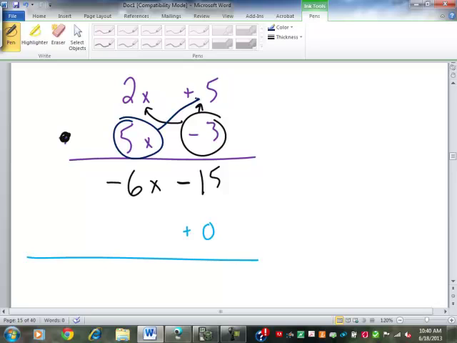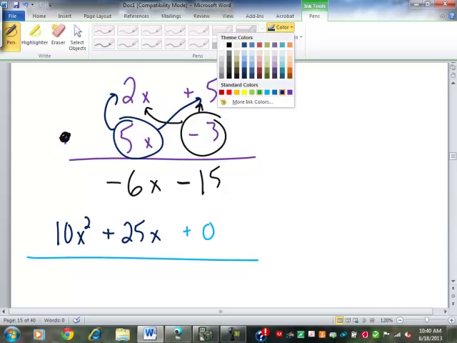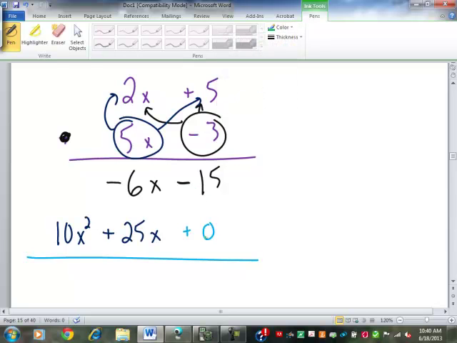Now 5x times 5, 25x. It's positive, so we put a plus 25x. And 5x times 2x, 10x squared. Good. You can see this works out just like long multiplication did. So now we've got the negative 15 and 0 is negative 15.